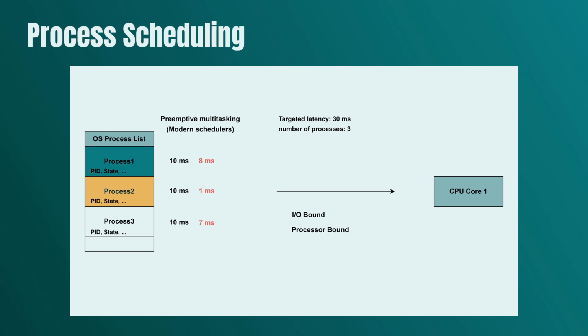Using this technique, which is similar to how the Linux CFS scheduler works, I/O-bound processes experience reduced latency and high responsiveness. On the other hand, processor-bound processes can use more CPU time without being forced to yield control, while other processes are blocked, for example, waiting for I/O operations.